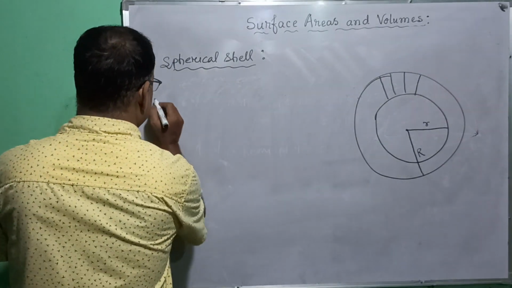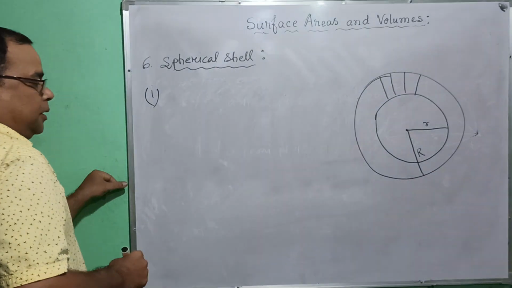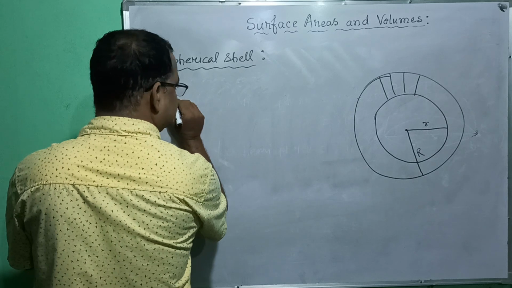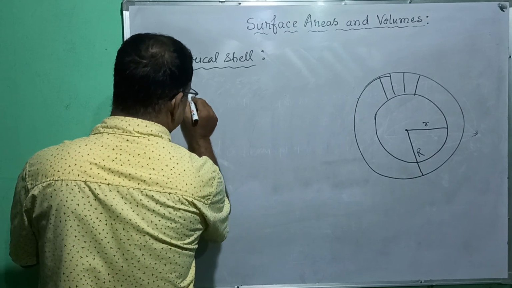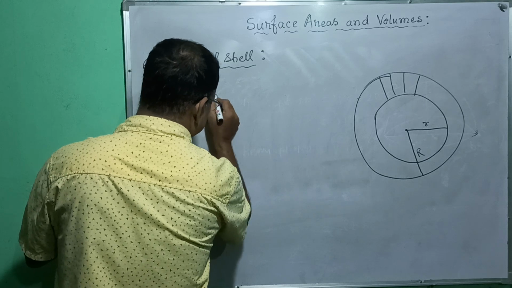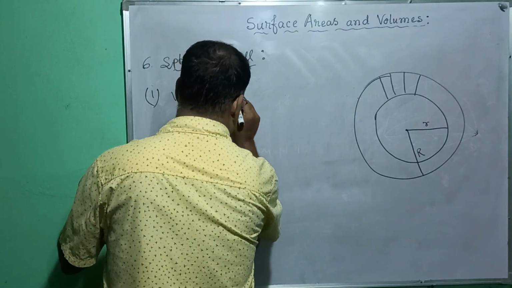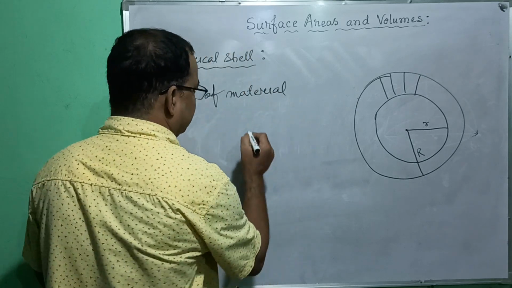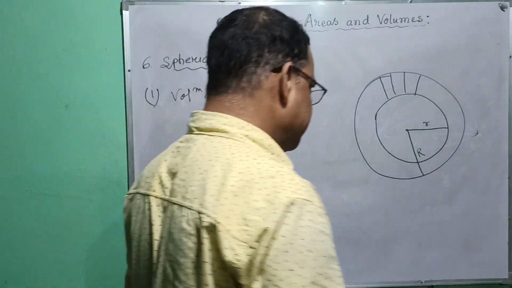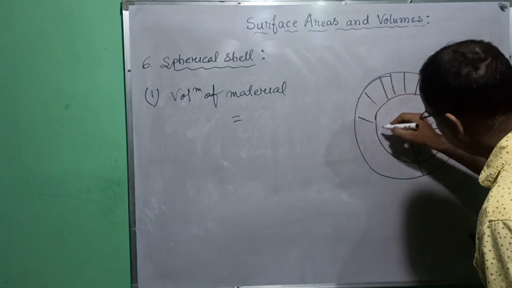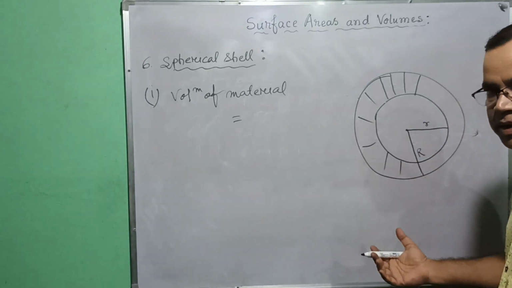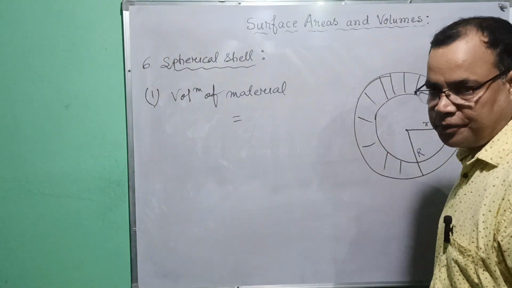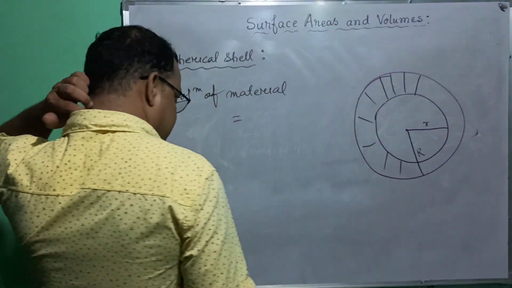In the case of a spherical shell, we can write only one formula, the volume of material. What is the material? You can see this part is the material. If it is made of iron or wood and we have to find the material, then this is the formula.